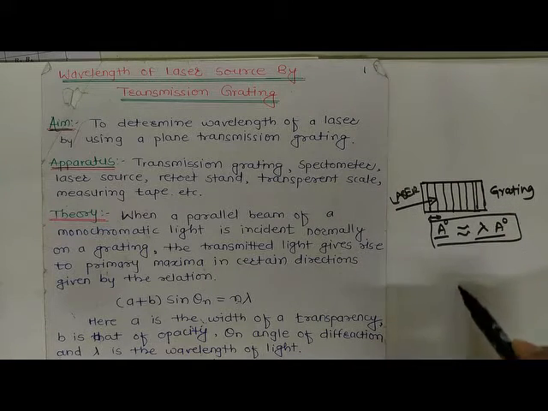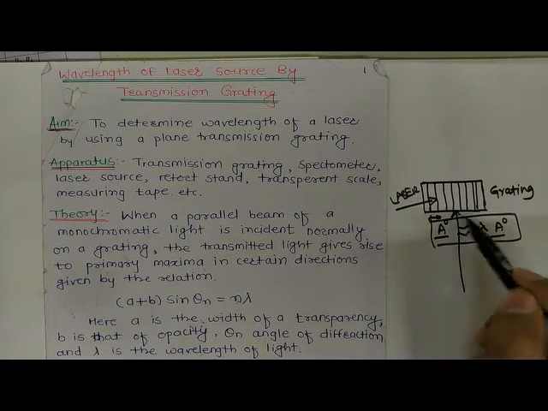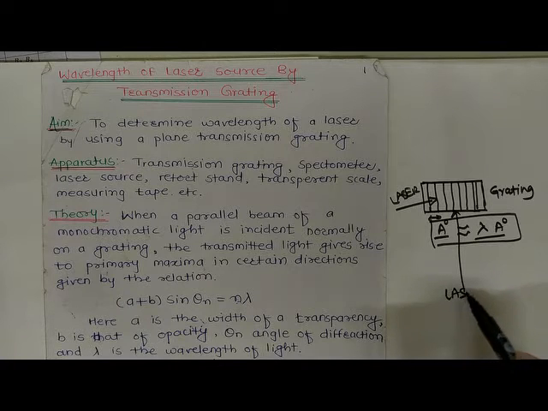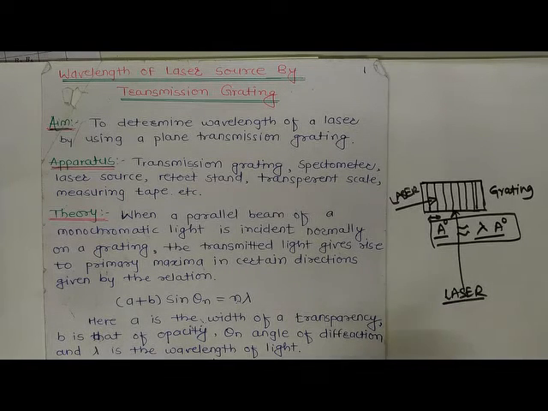Now let us consider that from this side we are sending a single laser beam. We know that laser is light amplification by stimulated emission of radiation, so it is basically radiation that has been amplified by stimulated emission.